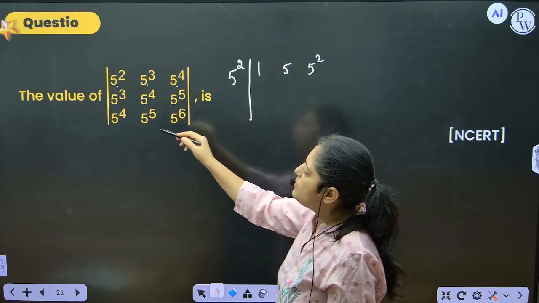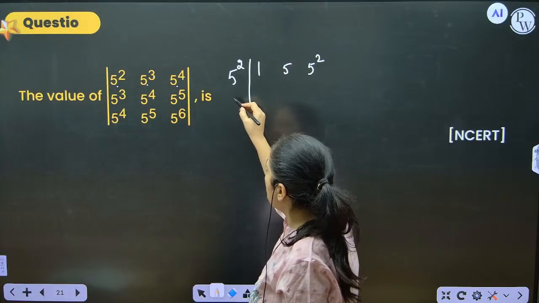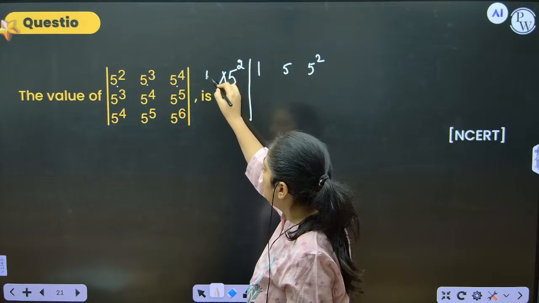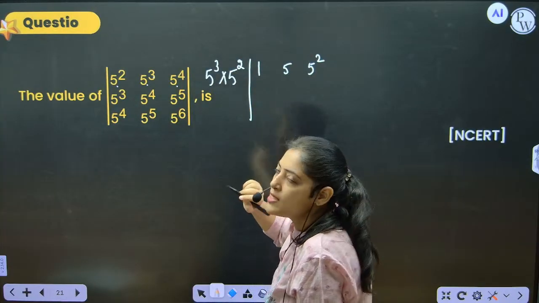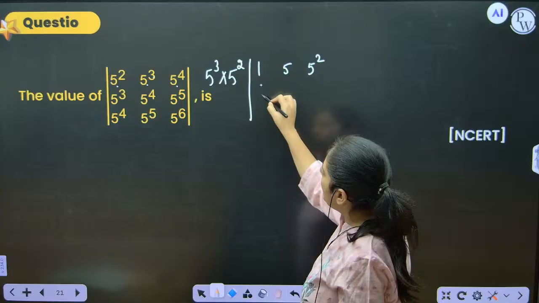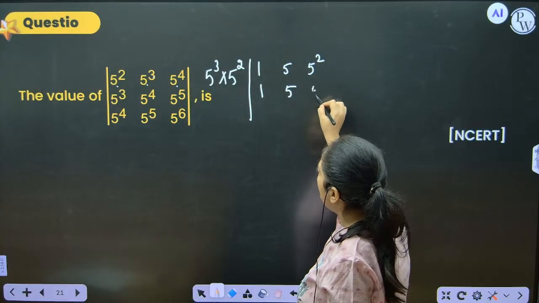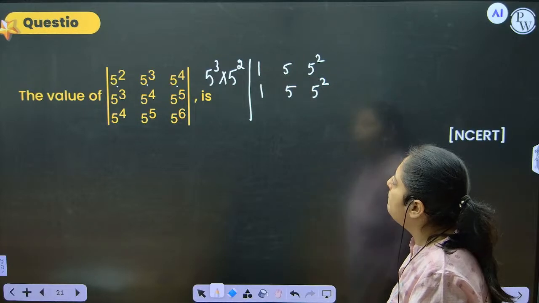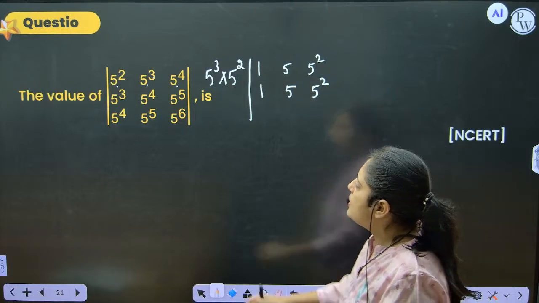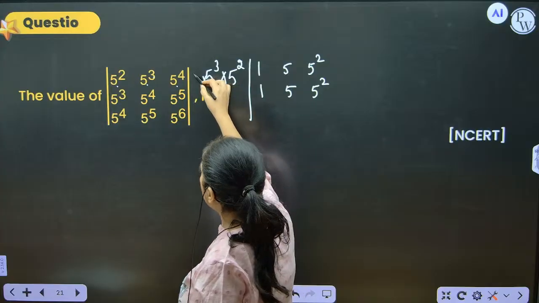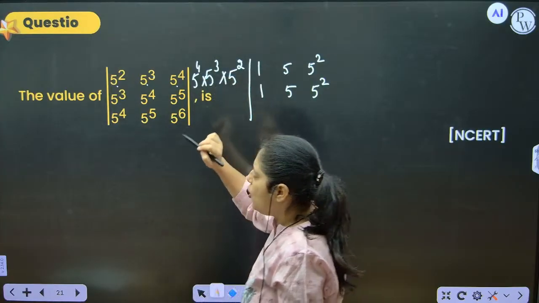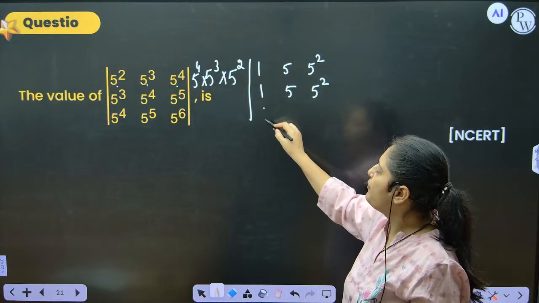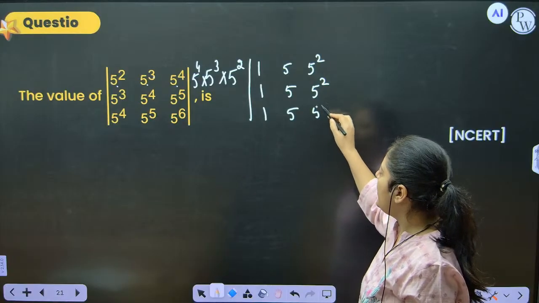Similarly, 5 raised to power 3 I can take common from the second row also. So 1, 5 and 5 square is left. Similarly, I can take 5 raised to power 4 common. What will be left? 1, 5 and 5 square.